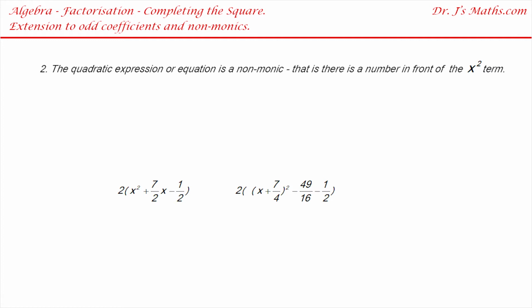So tidying up, minus 49 over 16 minus a half gives us minus 57 over 16.